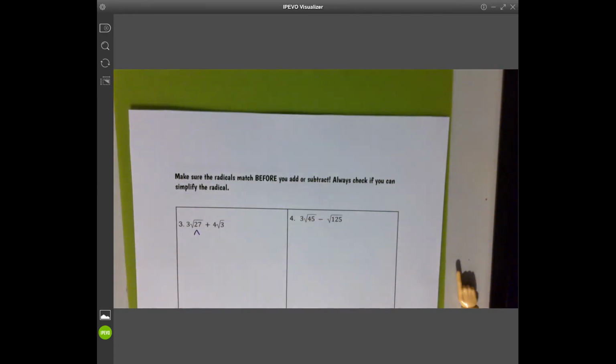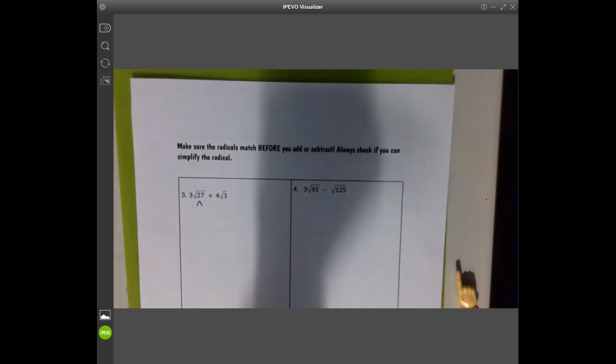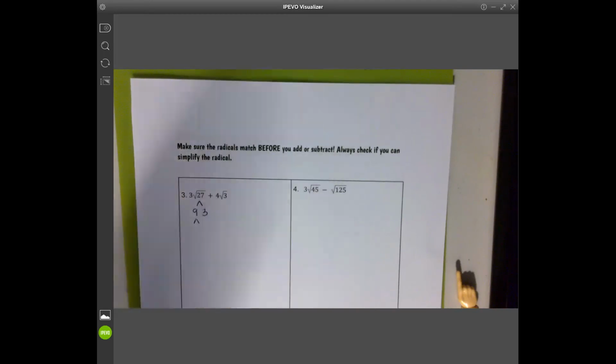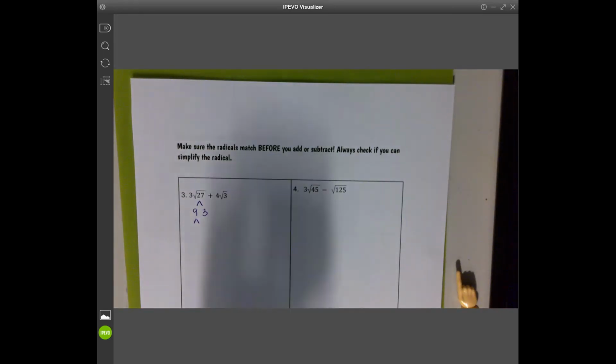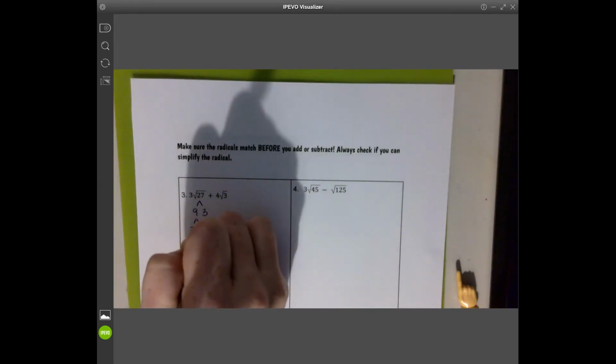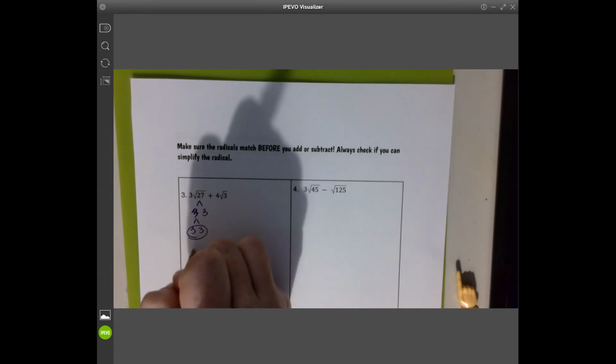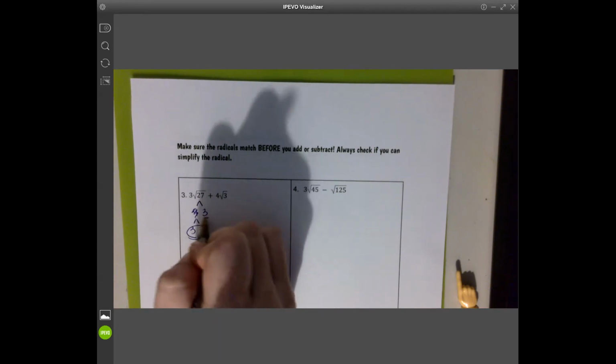So we're going to break down 27, and I'm going to pick 9 and 3. 9 can be broken down further to 3 and 3. So now I'm going to identify if I have any pairs. And I do. So I have 3 root 3.